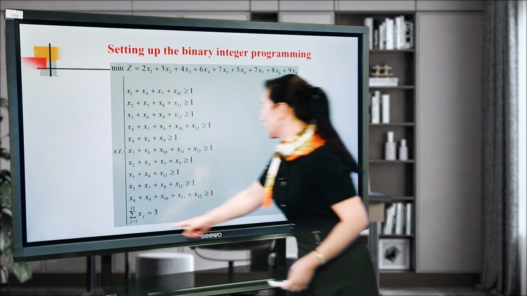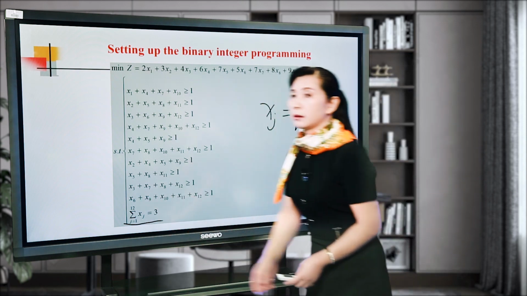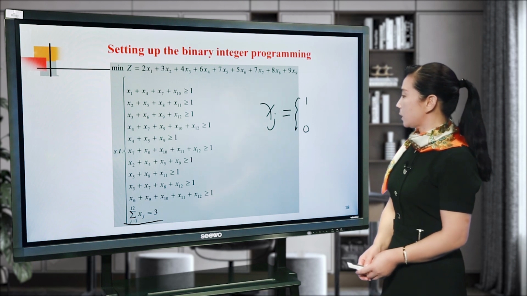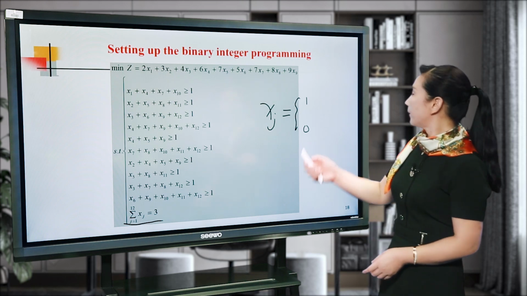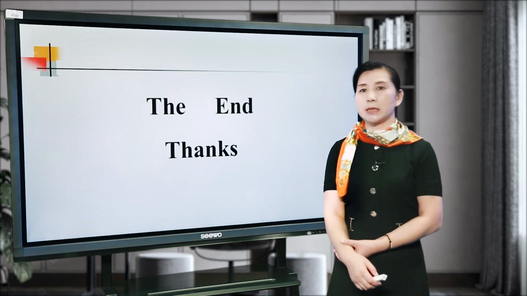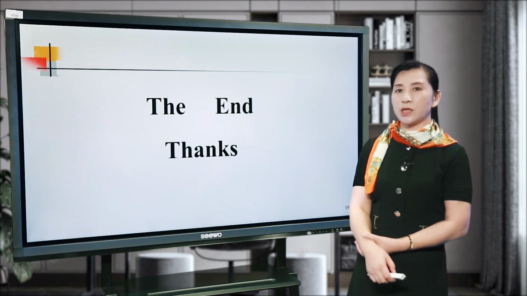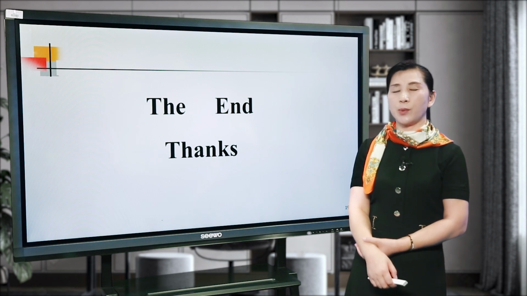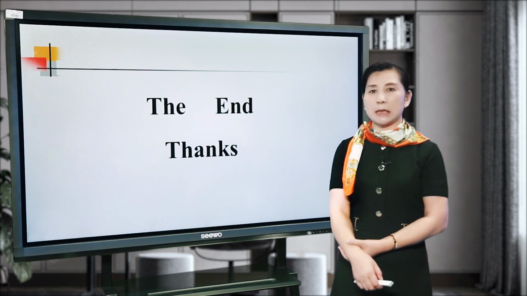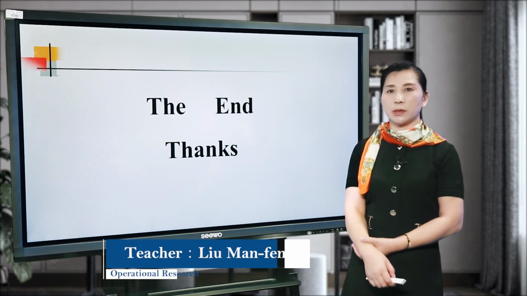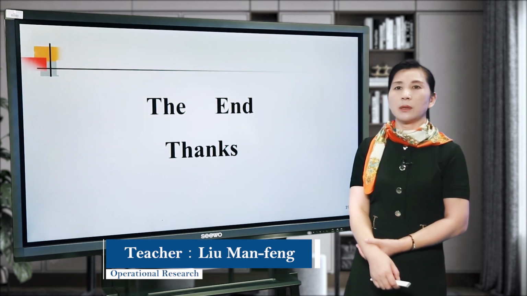And the last constraint, sum of all xj equal to 3, means only 3 crews are used. Okay, in this lesson, we have introduced some typical examples to set up a model by binary variables. So we noticed that binary variables are very important to set up integer programs. Thank you very much.